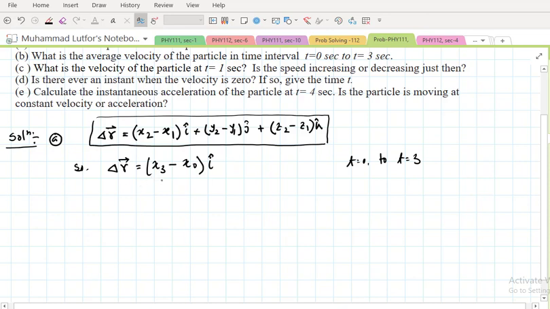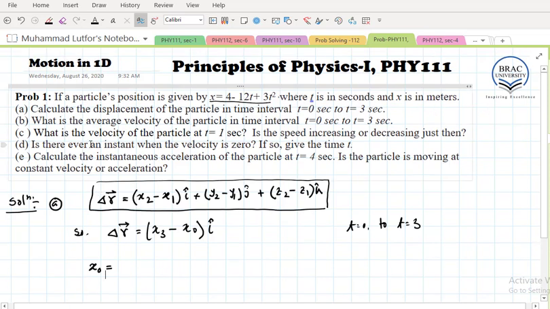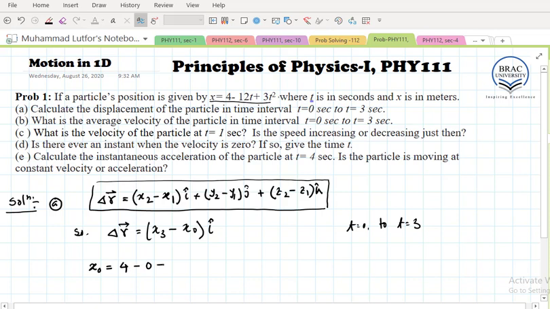Now I have to find x0 and x3. What is x0? The position of the particle at t equal to 0 seconds. So I just plug in t equal to 0 in that equation: 4 minus 0 plus 0. So x0 would be 4 meters.